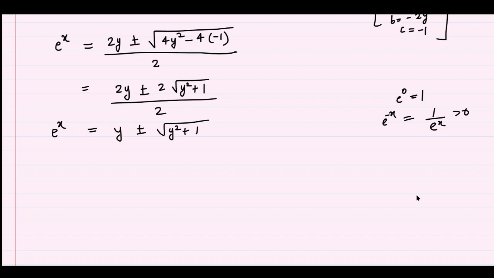So it takes only positive values, and we can discard the negative sign. So we will get e raised to x is equal to y plus root of y square plus 1.